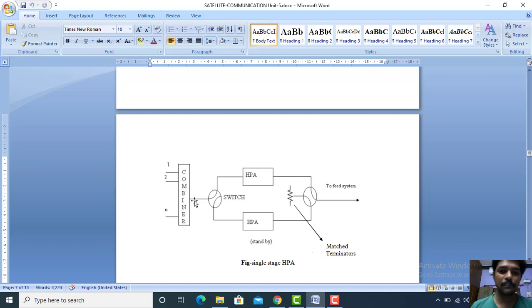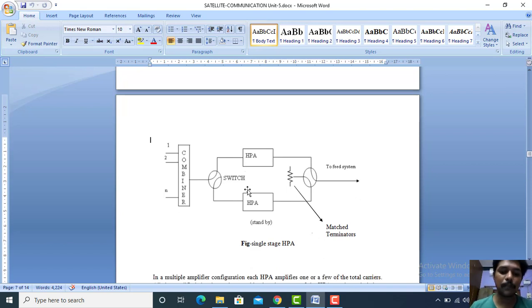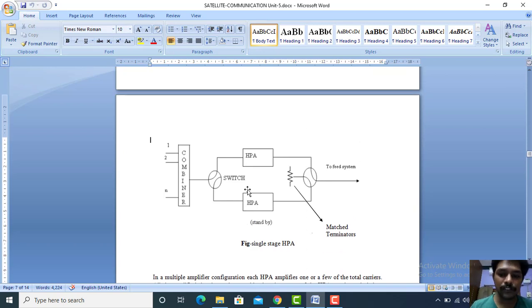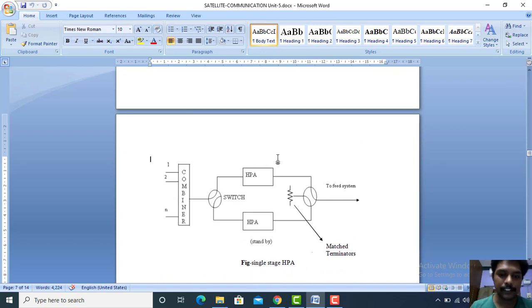So the high power amplifier will take the signals. As there is a switch operation shown here, it will switch so that either one of the high power amplifiers operates to amplify the signals, as per the variable resistance which is operating.